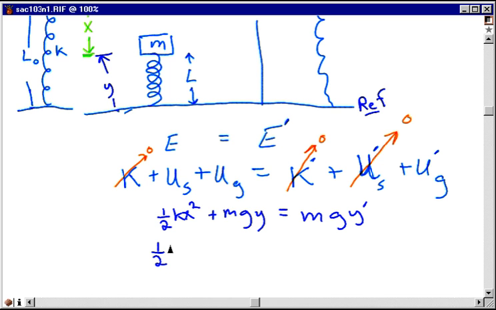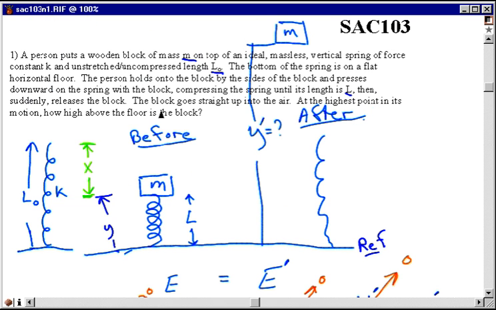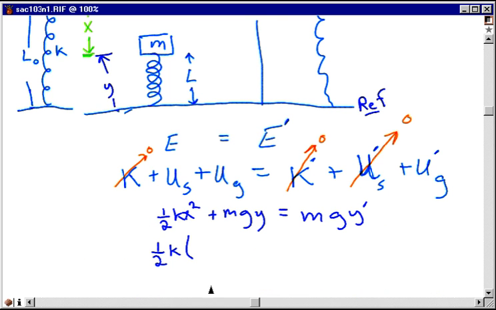So let's go ahead and take advantage of that. It's 1/2 kx squared. In terms of known quantities, I think they gave us k as well. Yeah, there it is. So it's okay to have a k in our answer. 1/2 k times L0 minus L, all squared, plus M was given, g is a known constant, and then y in this picture is just L. y and L are the exact same distance.